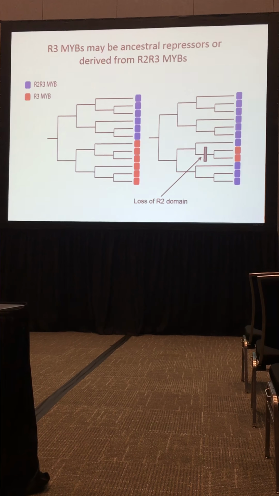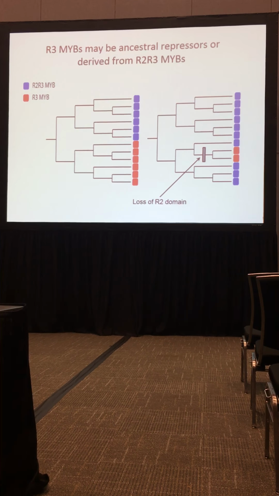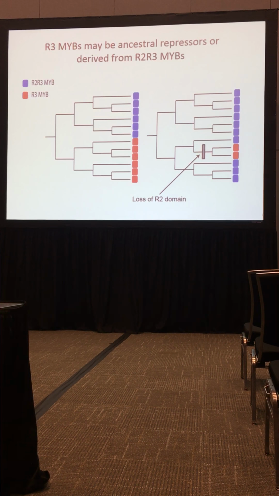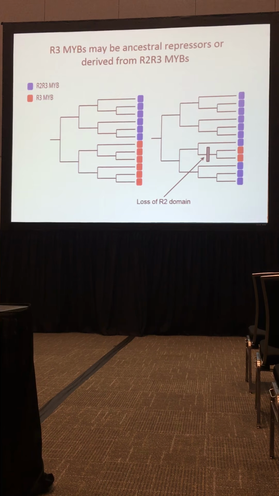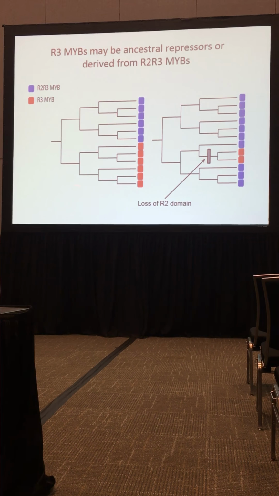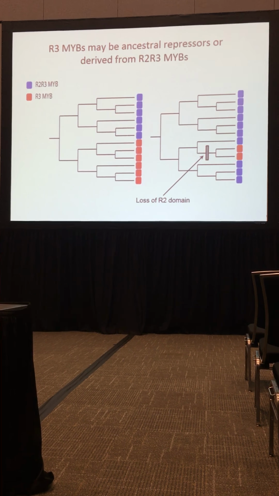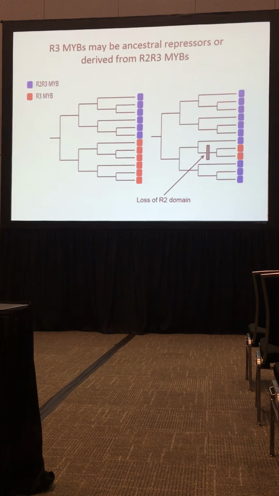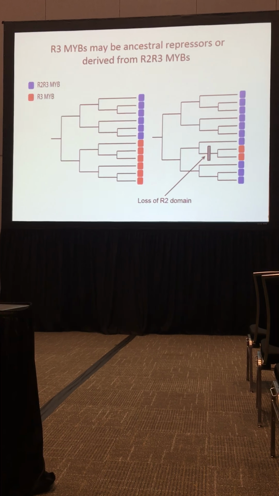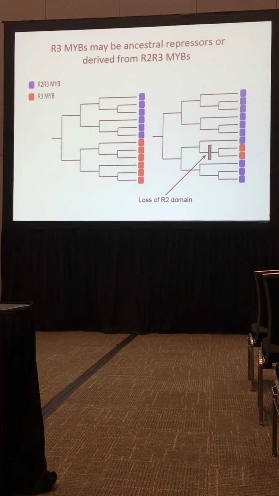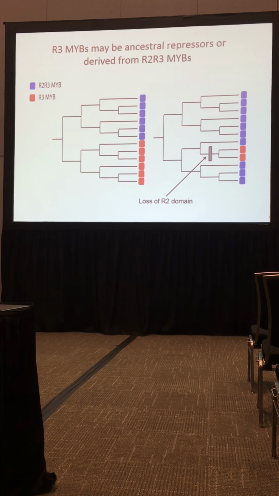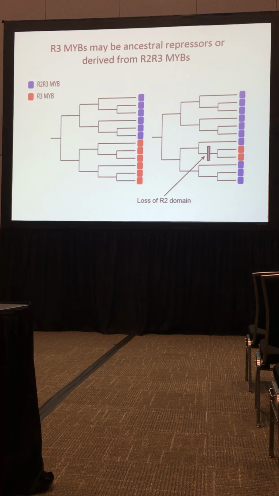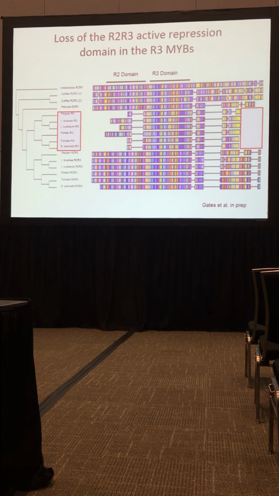So when we look for similar orthologs in closely related genomic sequences, we expect to see this deep divergence, this deep clade of R3s. But there are also a few documented reports of R3s being derived from a loss of the R2 domain. So it is possible that this could be a recent independent acquisition of this type of MYB repressor.